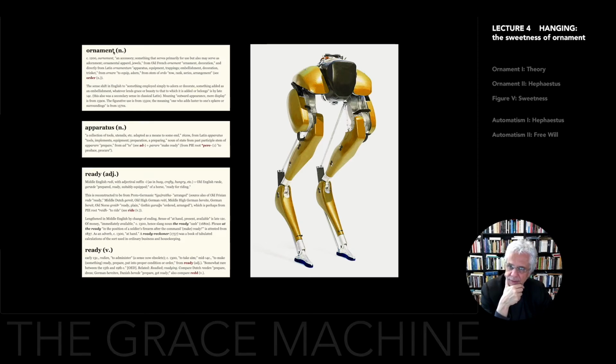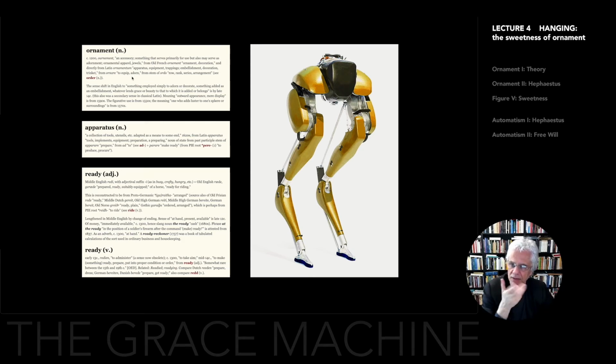So we got an ornament-machine connection, but also apparatus has a double meaning in the sense of preparing and making ready. That's not just making ready in the sense of we want to go, but we also want to apply makeup or adorn ourselves to get out, so that is, to equip ourselves.